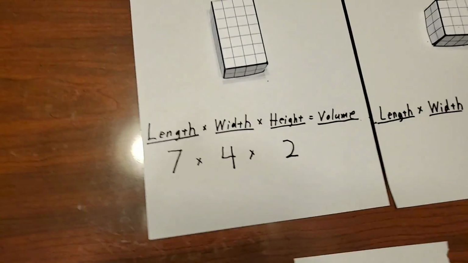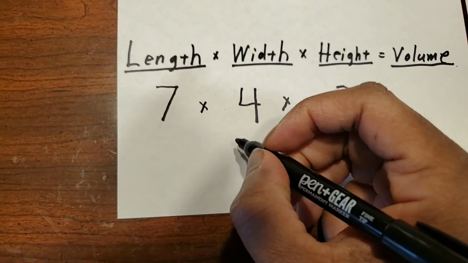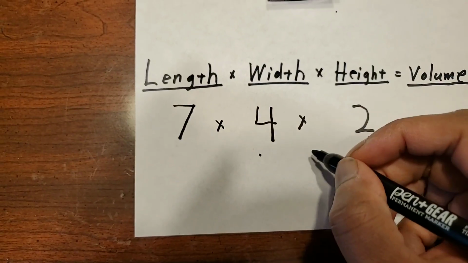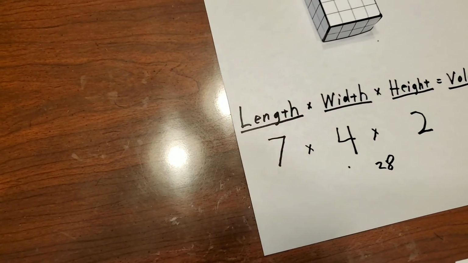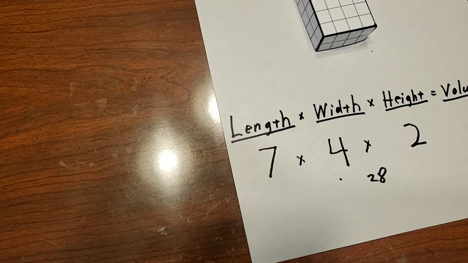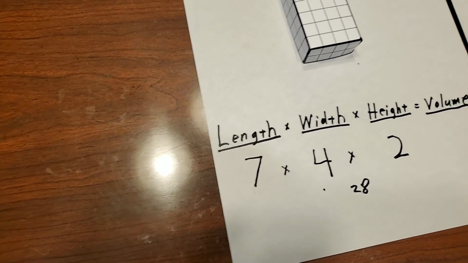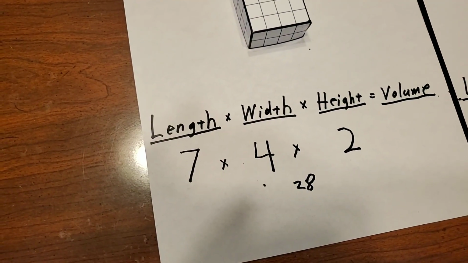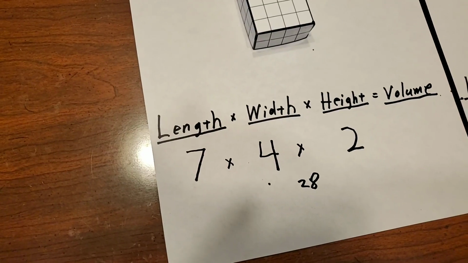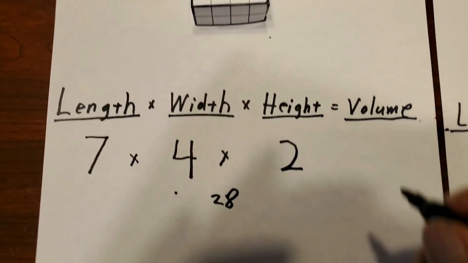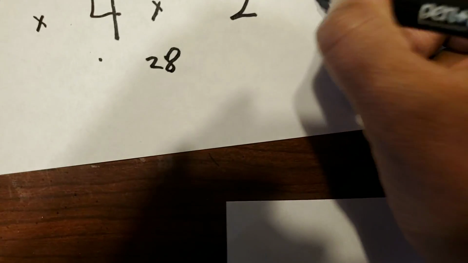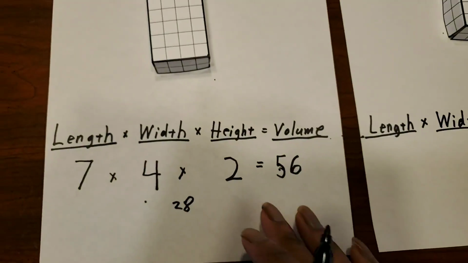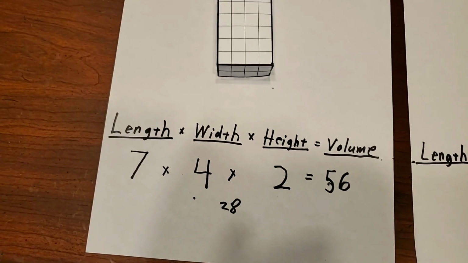Let's go ahead. 7 times 4 is 28. 28 times 2. What is 28 times 2? If you said 28 times 2 equals 56, you are correct. 56 what?